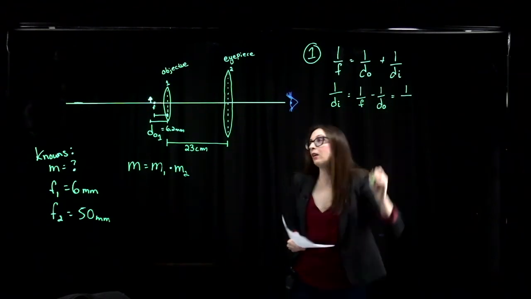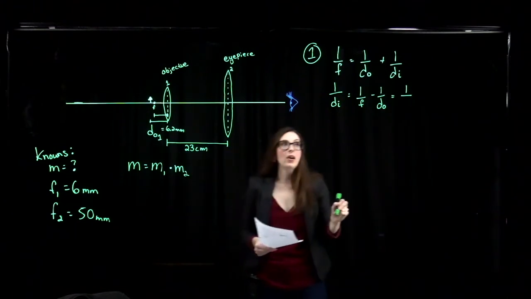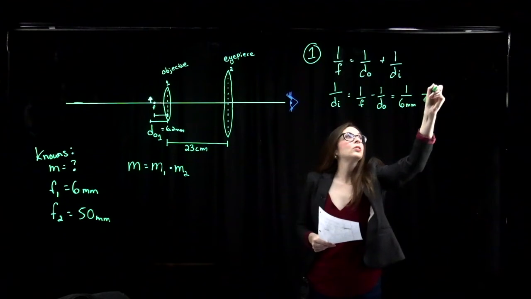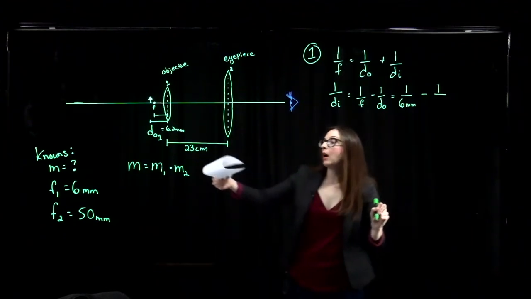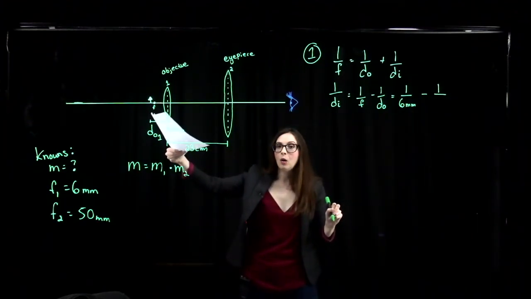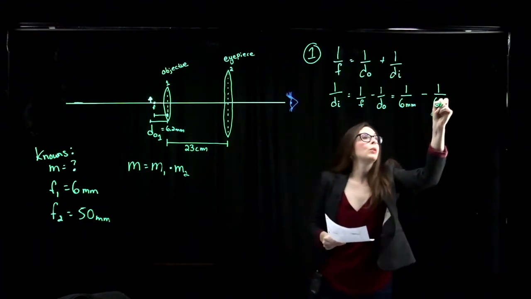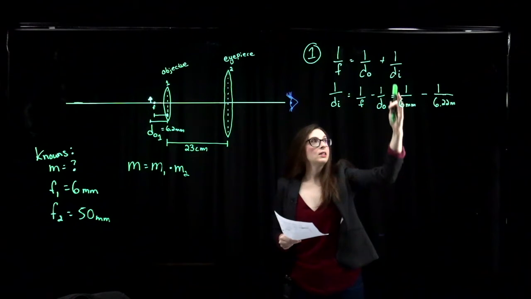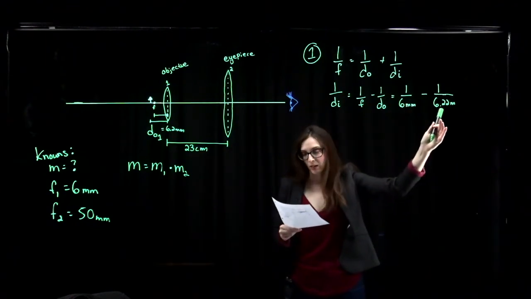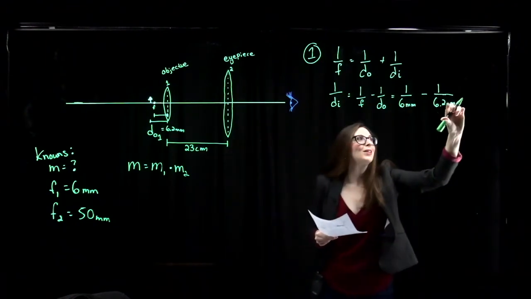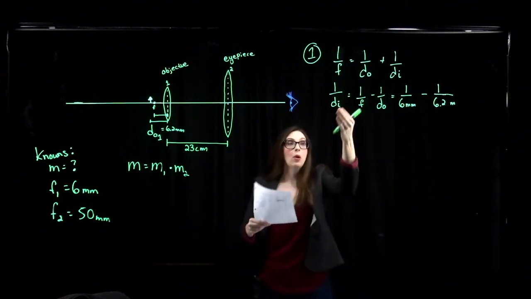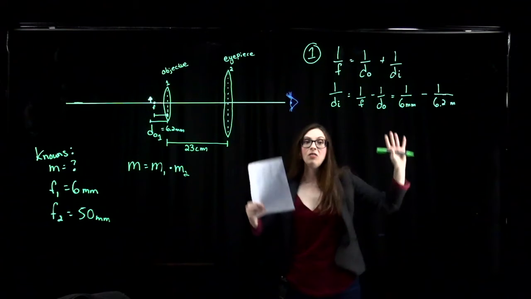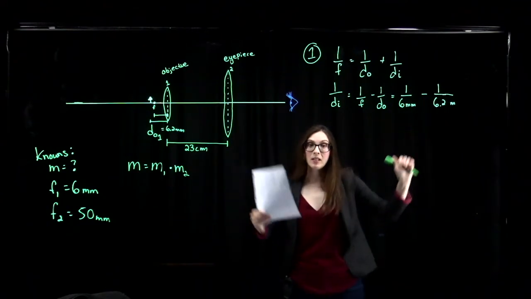So that's 1 over the focal length of my objective, which is 6 millimeters, minus 1 over the distance my object, my specimen, is away from my objective, which was 6.2 millimeters. So I take 1 over 6 minus 1 over 6.2, and that gives me 1 over di. Once I get this number, I take the inverse of it to give me di.